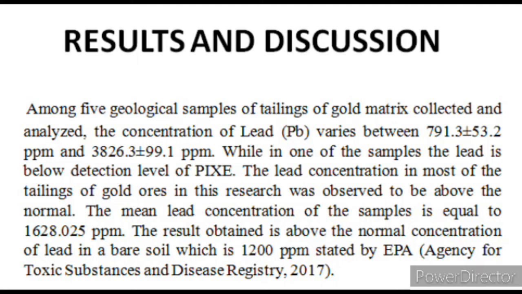The lead concentration in most of the tailings of gold ore in this research was observed to be above the normal level. The mean lead concentration of the samples is equal to 1,628.025 parts per million. This result is above the normal concentration of lead in bare soil, which is 1,200 parts per million, stated by the IFA, Agency for Toxic Substances and Disease Registry.